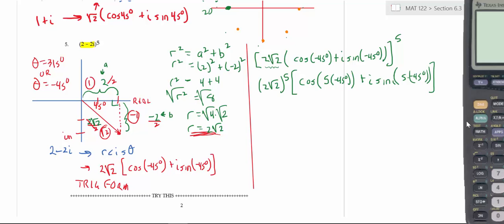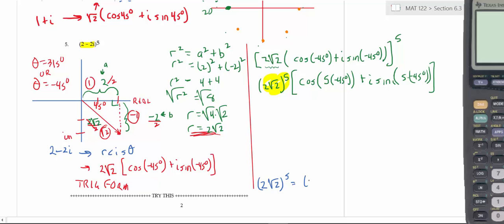Well, let me just focus on this part, because this is where students make a lot of mistakes. The idea is that if you have 2 root 2 to the 5th power, you're multiplying this out 5 times.